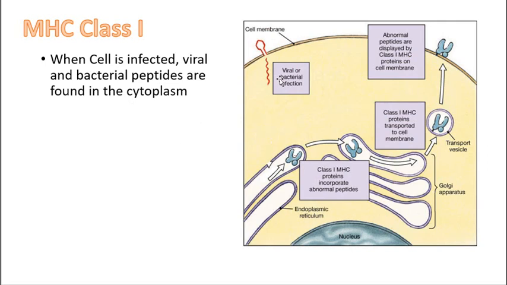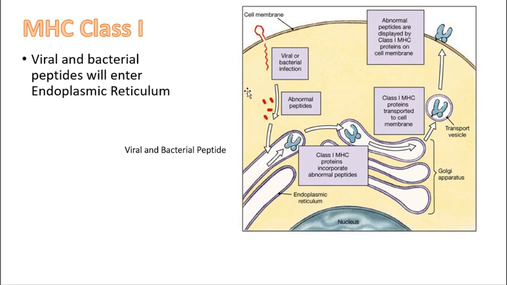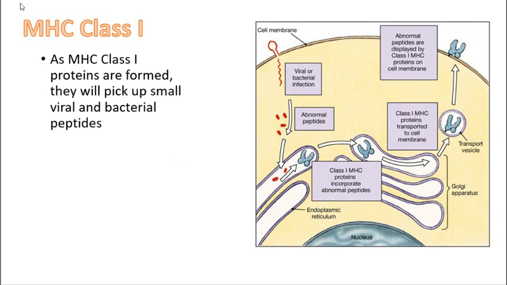Now, what if the cell is infected? Some kind of bacteria or pathogen infects the cell. So let's say that this is viral or bacterial DNA inside the cell. What is going to happen? Consequently, you're going to have a lot of viral peptides. So you have viral and bacterial peptides inside the cell. Those viral and bacterial peptides will end up in the rough endoplasmic reticulum.